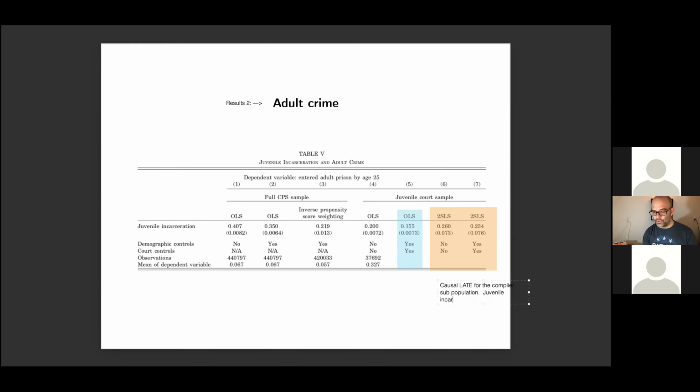Juvenile incarceration causes adult incarceration to rise 23.4 percentage points. If you incarcerate a child, that child, when he is grown, will be 23.4% more likely to commit an offense and go to prison for it as an adult. It would not have happened had he not been incarcerated, according to this analysis.